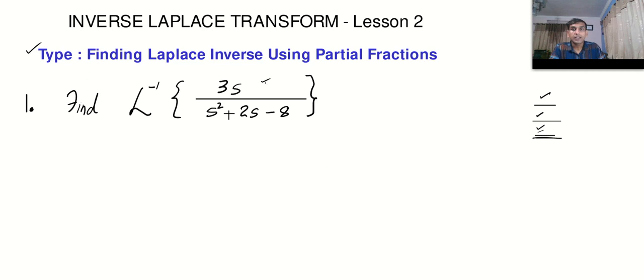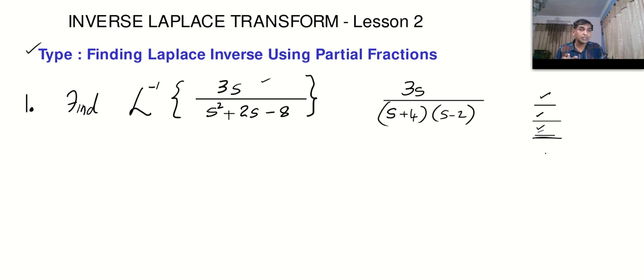Okay, look at this. Can you see the function? 3s divided by s square plus 2s minus 8. Actually, this can be factorized. It can be written as s plus 4 times s minus 2. Now look at this. If you have any trouble in factorization, you can use your calculator.